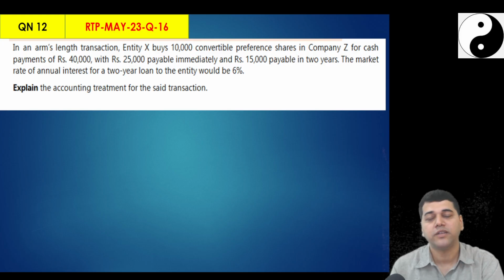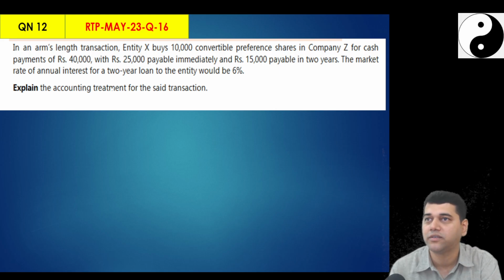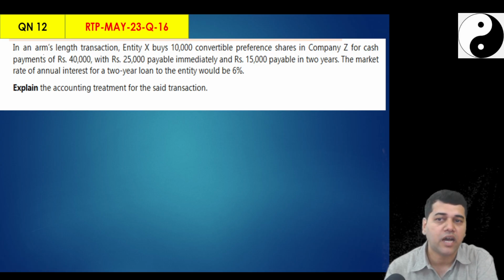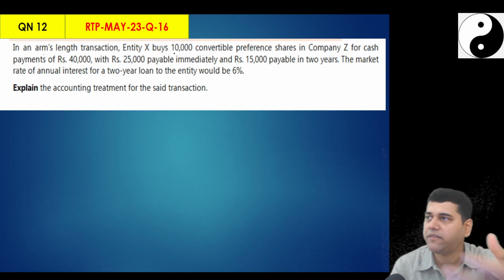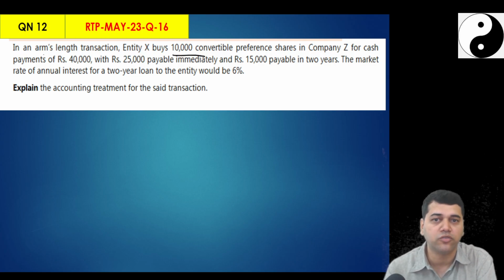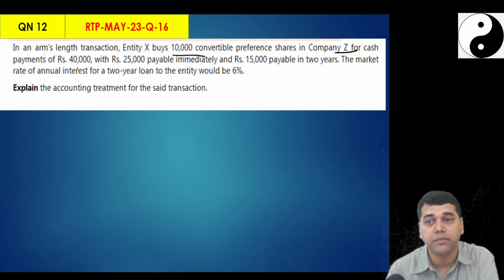Yes. So next we will move to RTP. Okay, you asked me that day one question about this debtors related. Go through this question. This is an RTP question of May 23. In an arm's length transaction, entity X, that means fair value, in an arm's length only here, entity X buys 10,000 convertible preference shares of company Z for a cash payment of 40,000.